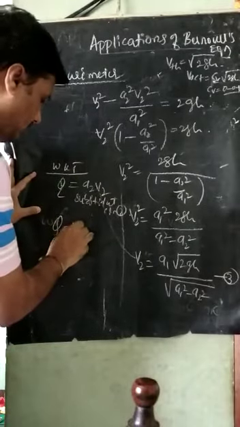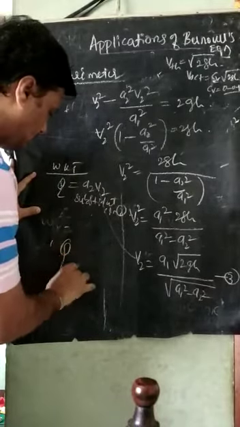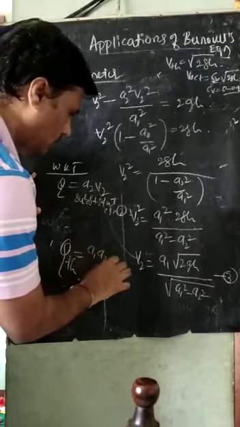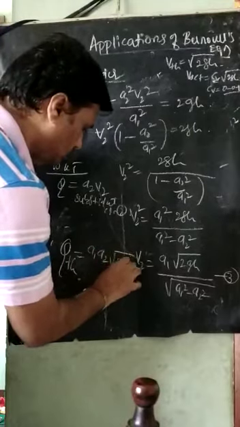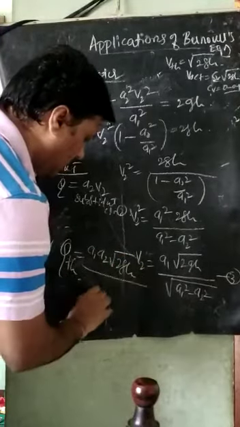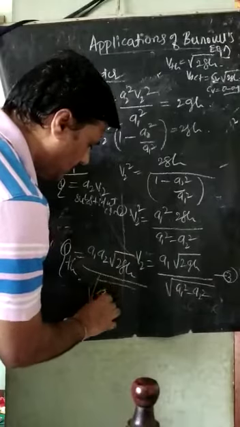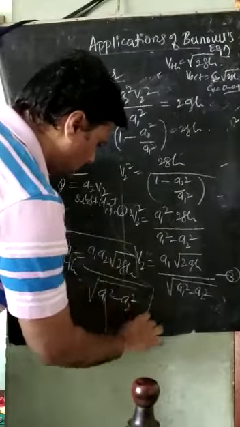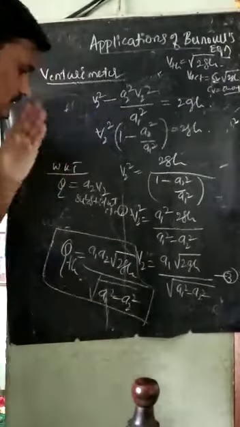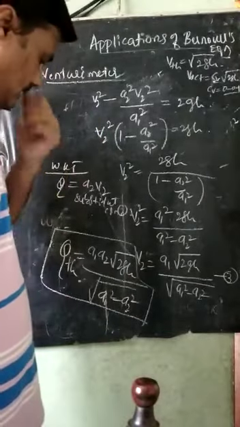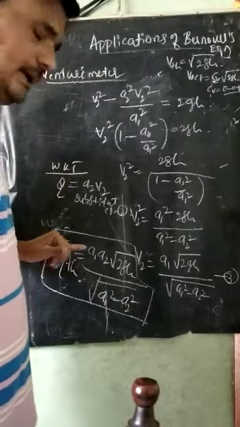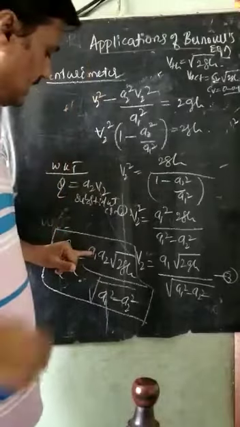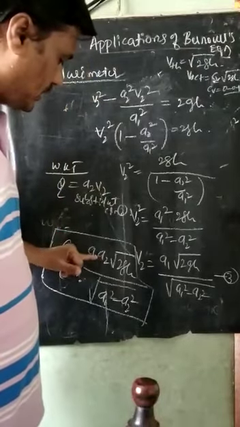We get a very important relation: the theoretical discharge is equal to A1 into A2 under the square root of 2gh, divided by the square root of A1 square minus A2 square. Theoretical discharge is the product of two areas.